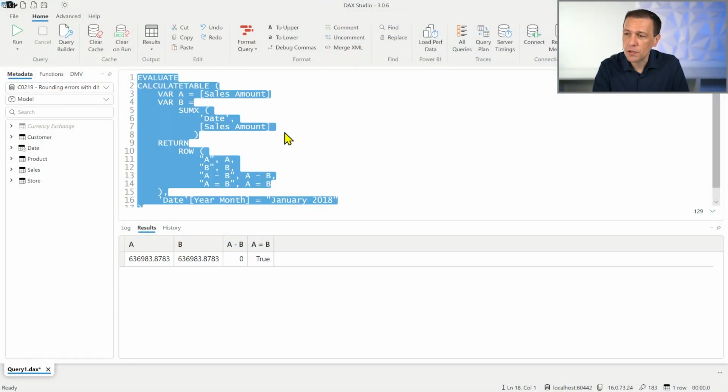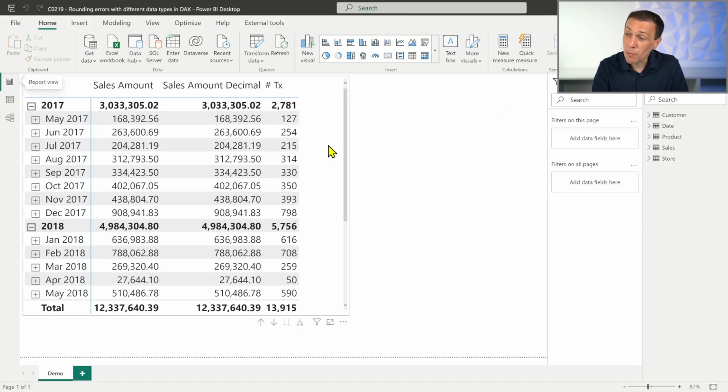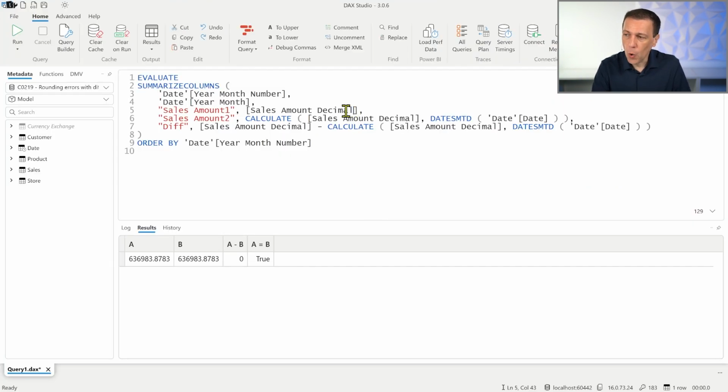Now, the problem we have seen with the decimal is more evident if we do a calculation where we repeat this month by month. So I'm going to create the same report that we have seen in Power BI, where for each month I compute the value of sales amount. But in this case, I always compute sales amount decimal. In one case, I compute it as a regular value.